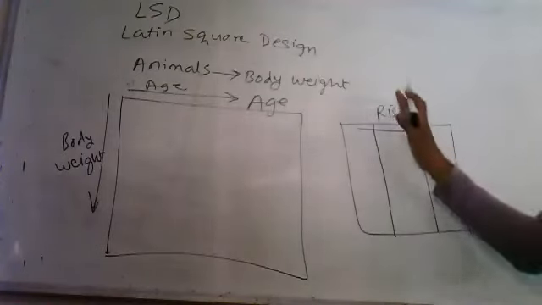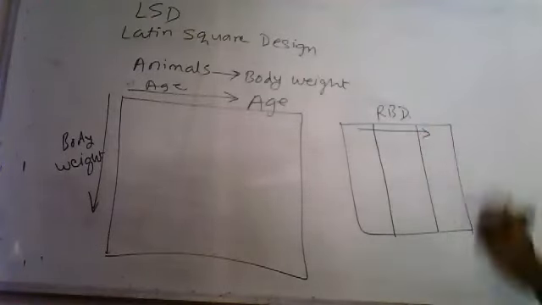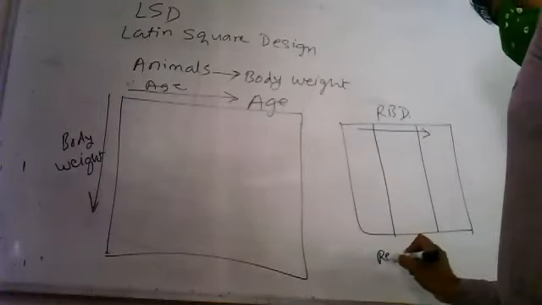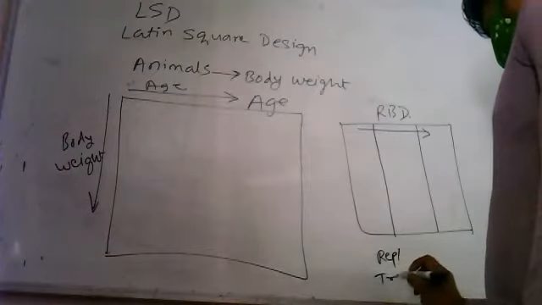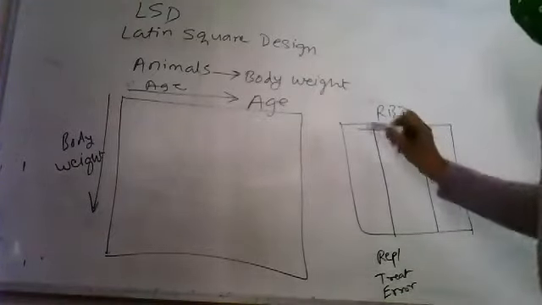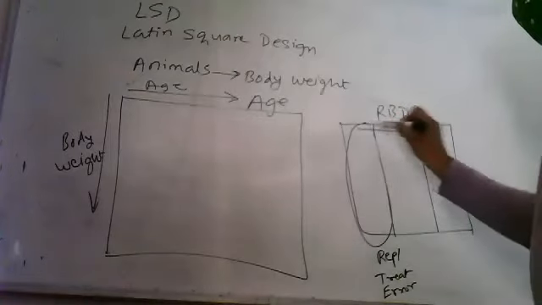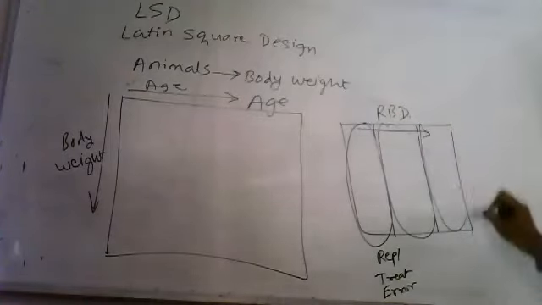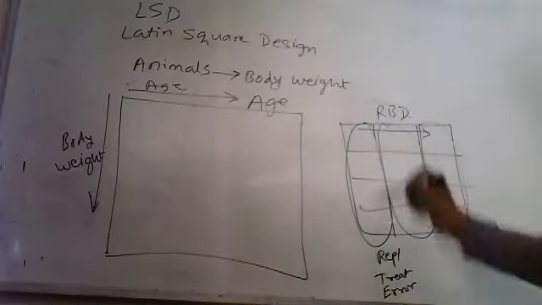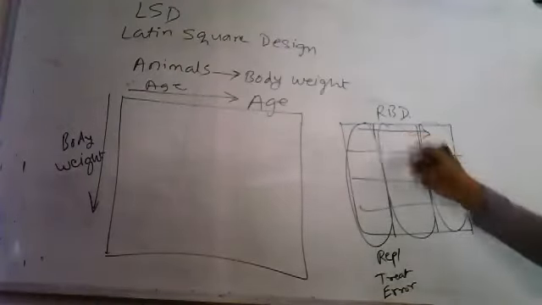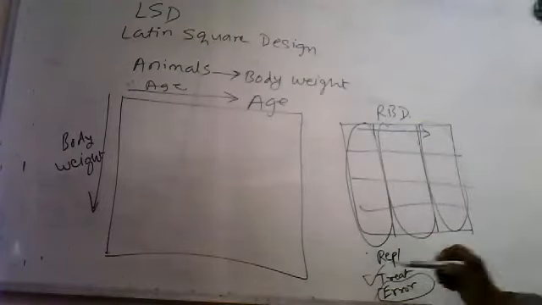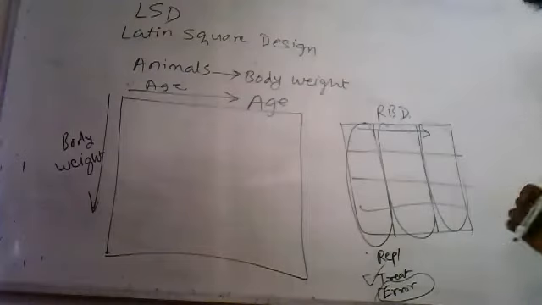And in ANOVA, we are using source replication, treatment, and error. One variation is due to these replications, other due to the treatments we are applying in the replication. Within replication, we are applying treatment. One source is that, and third one is error, which is uncontrolled variation.